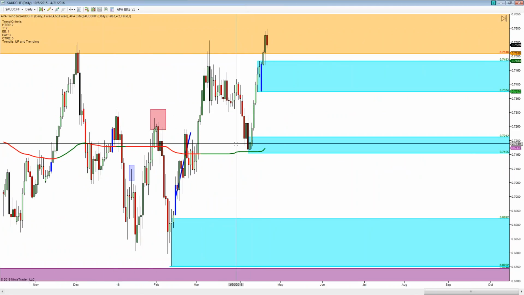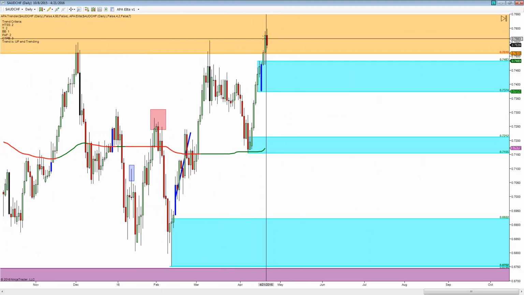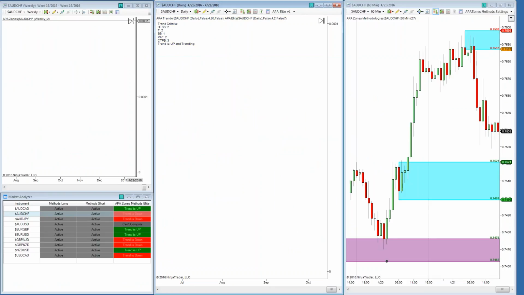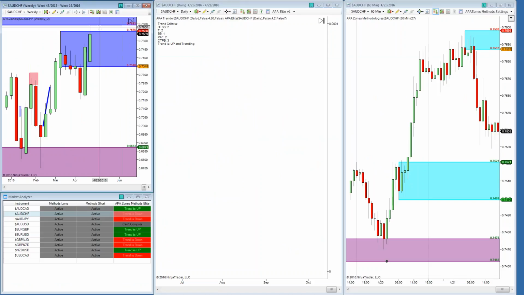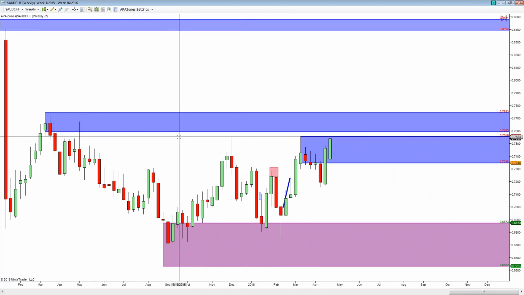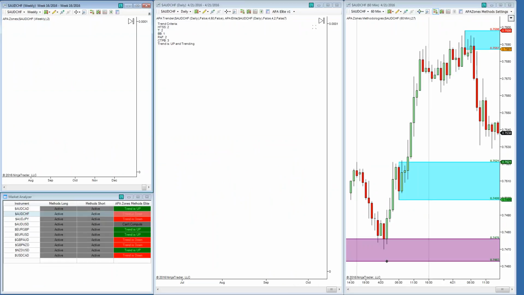we're looking at this thing being up and trending now as it's broken outside of the range, okay? But realize that there is this big weekly zone just above us, you know, at the very highs here, all right?